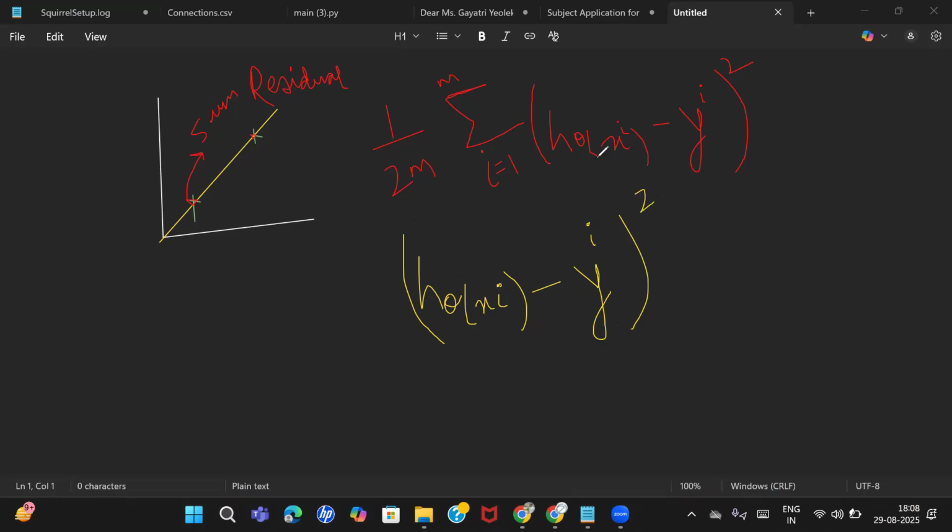And this h theta of x is the predicted points. How do we calculate it? We have already discussed in h theta of x, we write it as theta naught plus theta 1 of x1, right? This theta 1 is nothing but our slope.